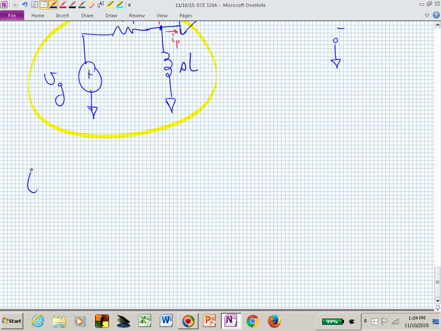Let's examine the V sub P subcircuit. And we can make that a subcircuit because I sub P is equal to 0.